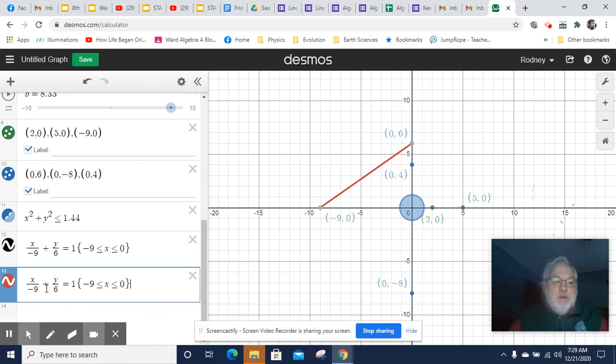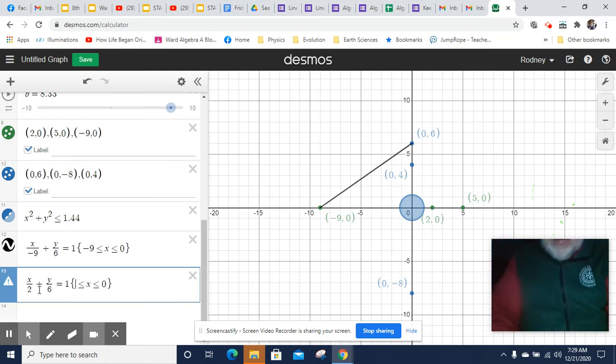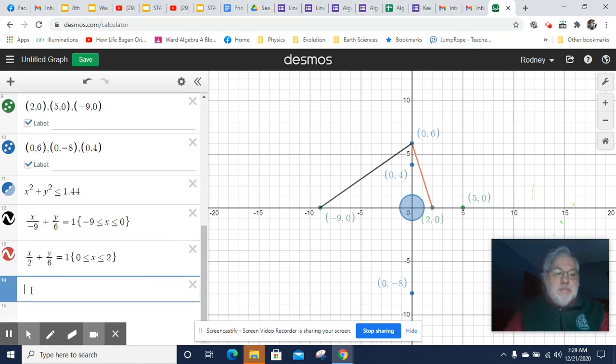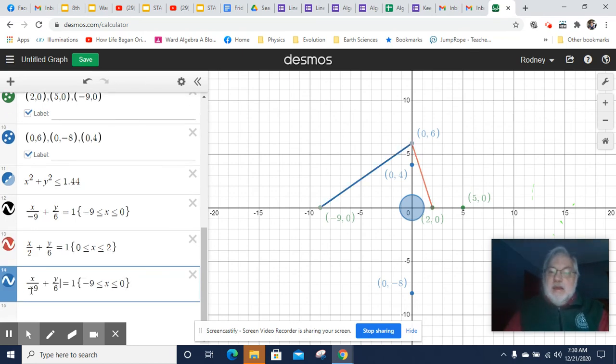So I already have a y-intercept at 6, so I will now go after the Blargian at 2. And I've got to change my inequality to be 0 less than or equal to x less than or equal to 2. And then I'll copy paste that again, and I'll target this one at 5.